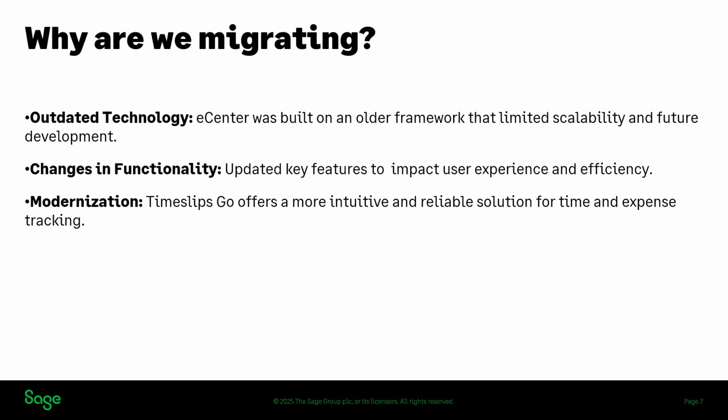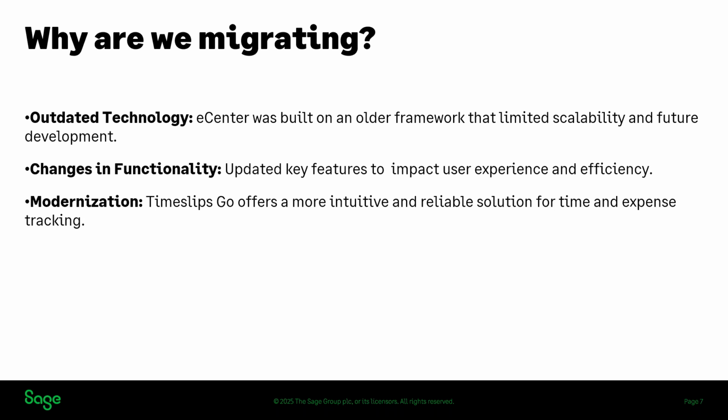Lots of times people are confused and they get nervous, and they don't realize that really it's the cancellation of eCenter and the activation of Timeslips Go that needs to happen next. And then it's really just using the link in the Timeslips Go activation email.